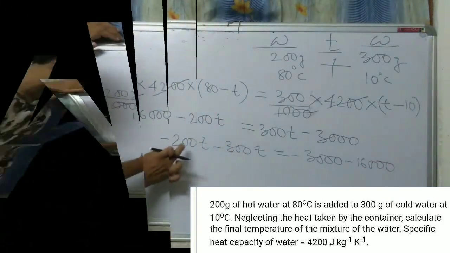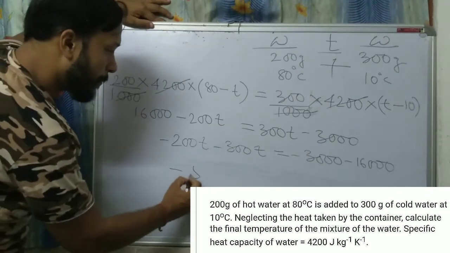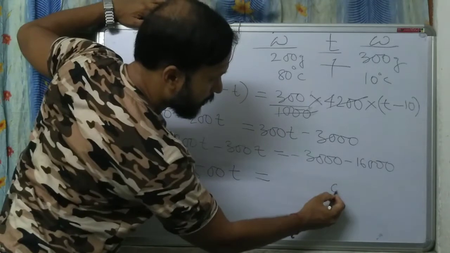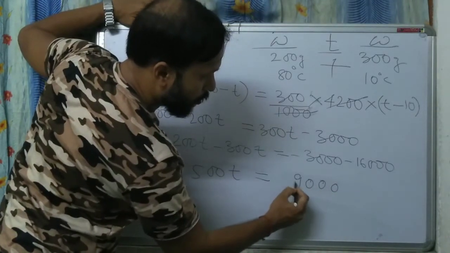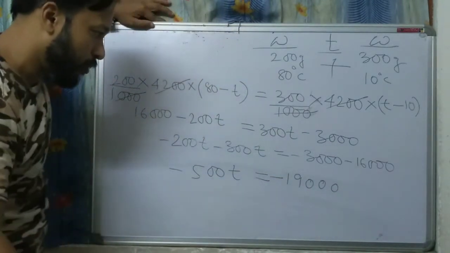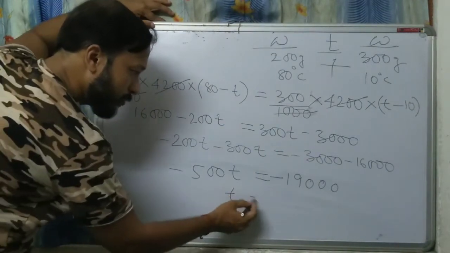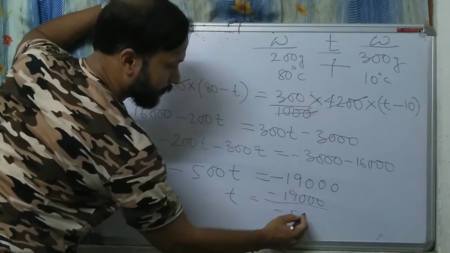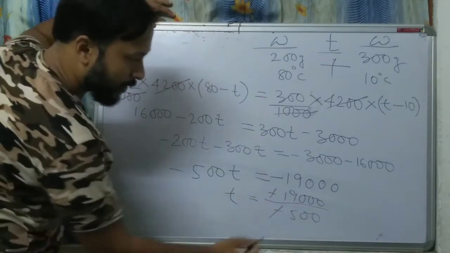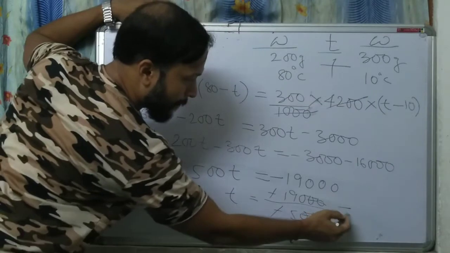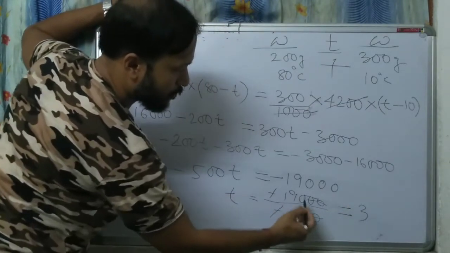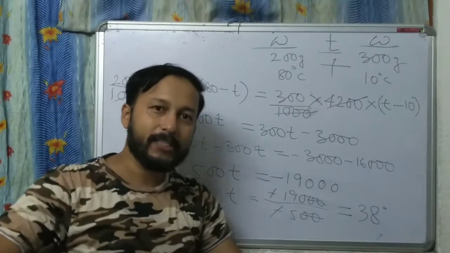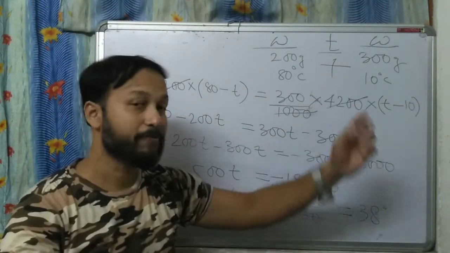Now minus 200, minus 500 T, and we get 1900. Now T equal to 38 degrees. So 38 degrees is the final temperature of the above mixture.